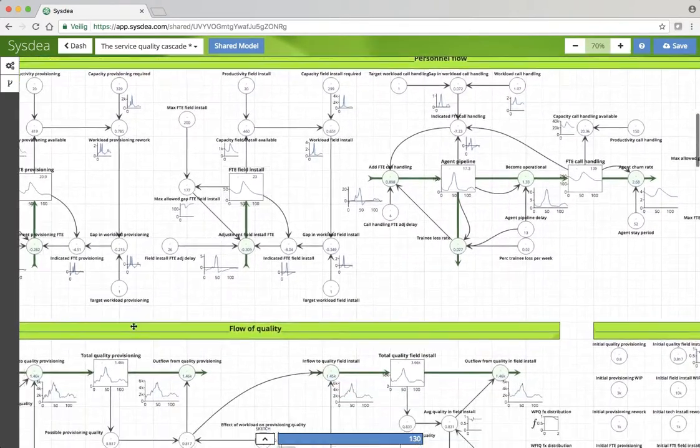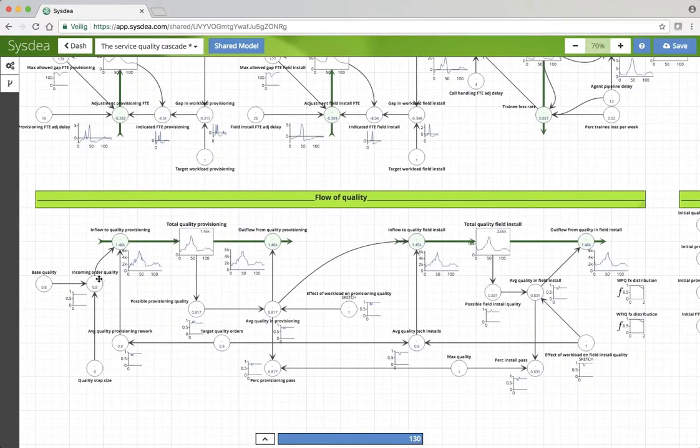We have to remember this because we are modeling a co-flow. So we are modeling a certain aspect of the primary flow, which is the quality of those orders that we model in the primary flow. So we have to keep track of what's coming in, what's going out. Two flows are coming in: from incoming new orders and from provisioning rework.